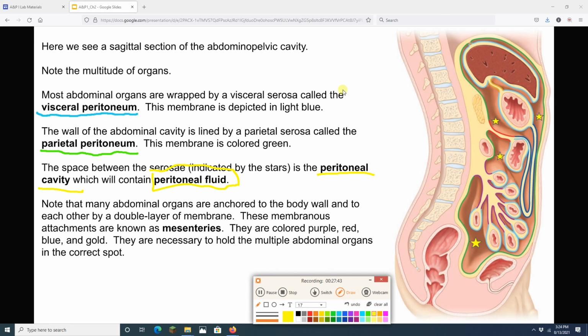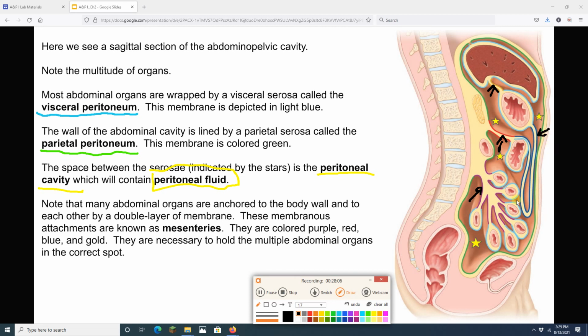Now, one thing we've got to notice here is that we have a lot of organs, and these organs need to be anchored in place. So I want you to take a look and notice we have anchors. These purple guys here, the red guy here, the gold guy here, the blue guy here. These are all anchors.